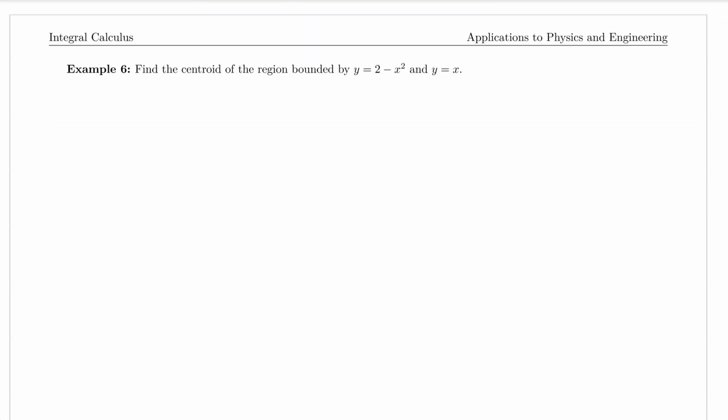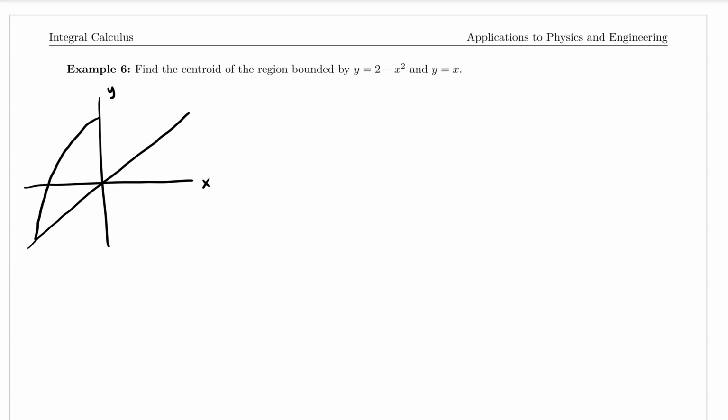Example 6 says find the centroid of the region bounded by y equals 2 minus x squared and y equals x. Let's just do a really rough and quick sketch of what the graph of that looks like. So here's my y-axis, here's my x-axis. Y equals x is this line here, and 2 minus x squared is a downward facing parabola that has its vertex at the point 0, 2.